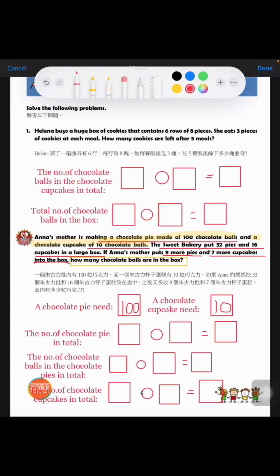Now let's find out the number of chocolate pies in total. So Sweet Bakery have put 32 pies into the box, and Anna's mother has put 9 more pies into the box. Therefore, the total number of pies in the box would be 32 plus 9, which equals to 41.